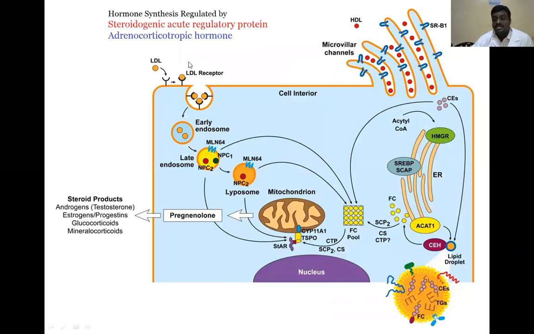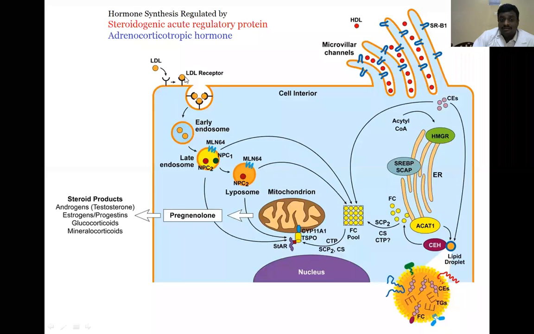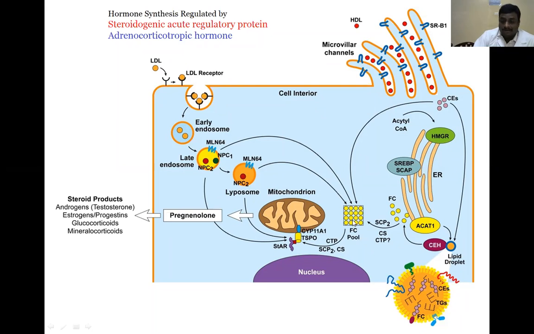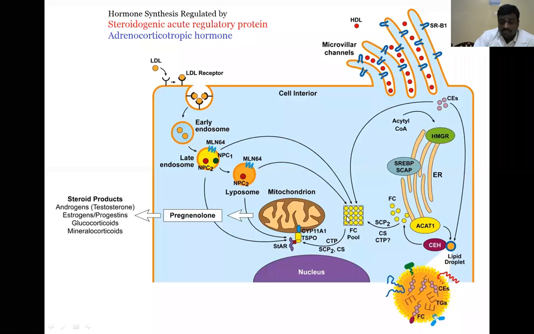So this is also the same cycle. The LDL receptor binds LDL cholesterol, then this LDL cholesterol enters the cell, and finally releases the cholesterol pool, free cholesterol. Then from the free cholesterol inside the cell, pregnenolone is produced.